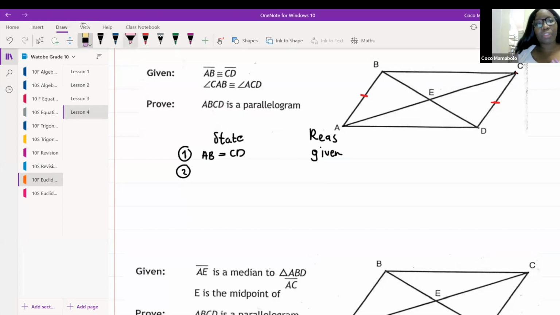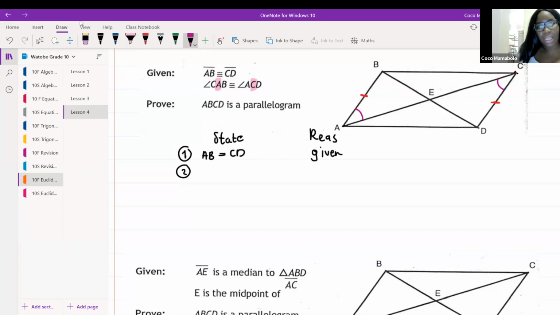Now, the second bit of information they've given me is that angle A is equal to angle C. We cannot use alternate angles because they didn't tell us that the sides are parallel. So angle A in between C and B is this one, and angle C in between A and D is this one.